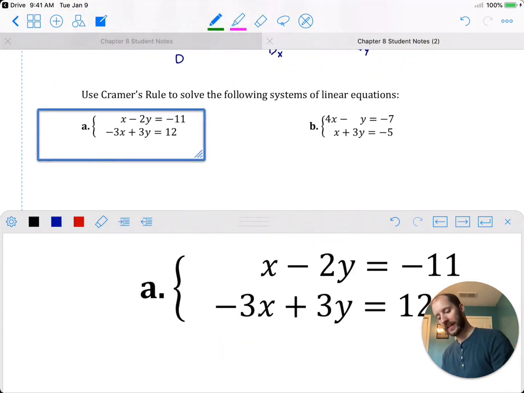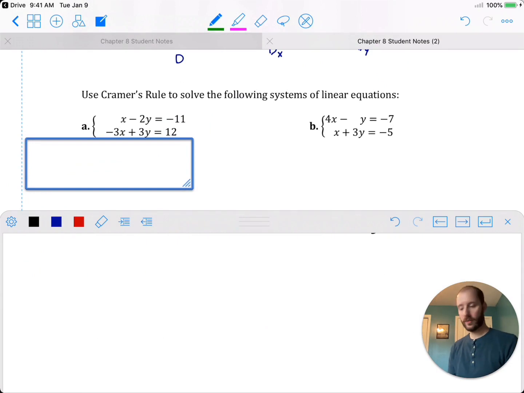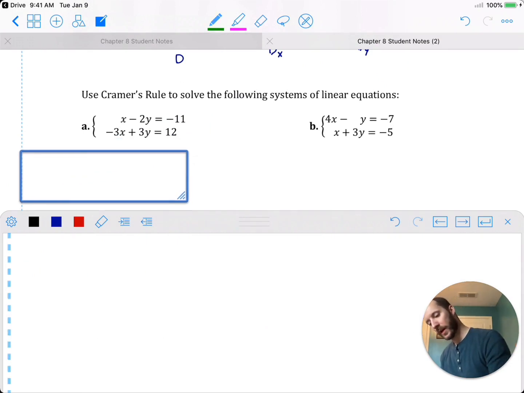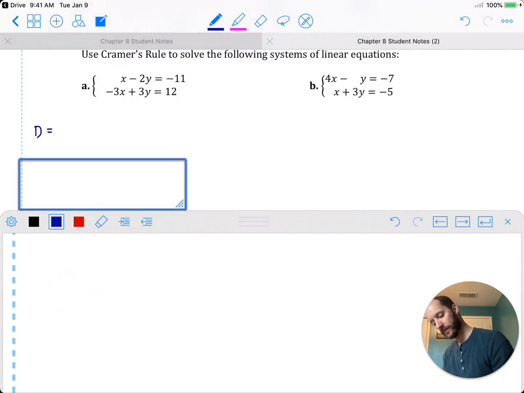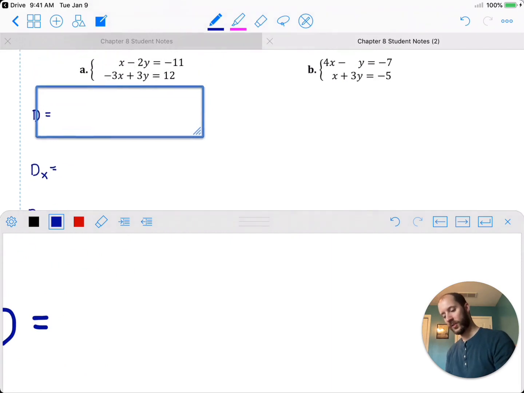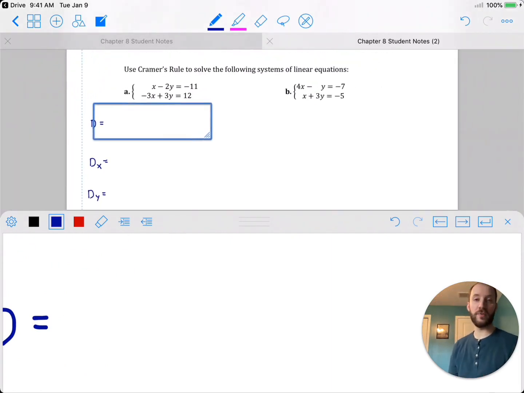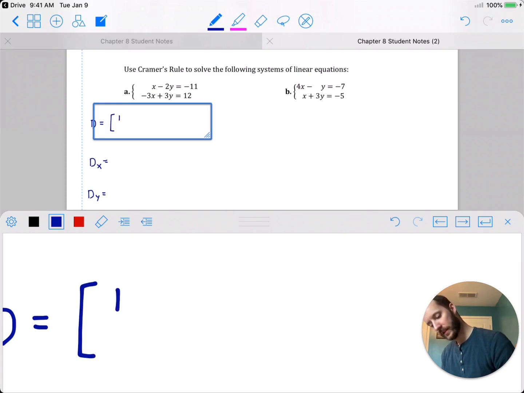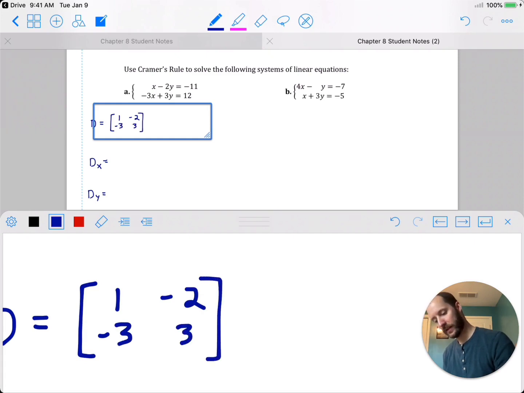So let's look at an example of this. Sample A. We're going to want a D matrix, D sub x, and D sub y. So D, of course, is just the coefficient matrix: 1, -2, -3, and 3.